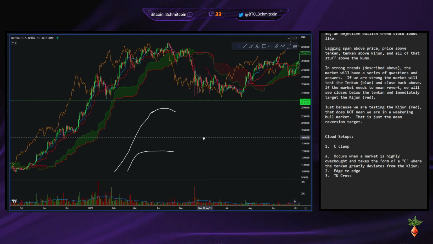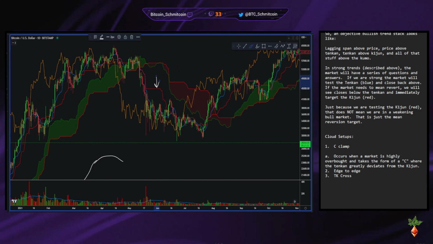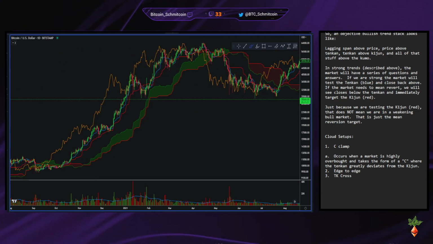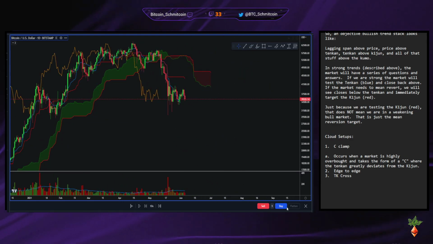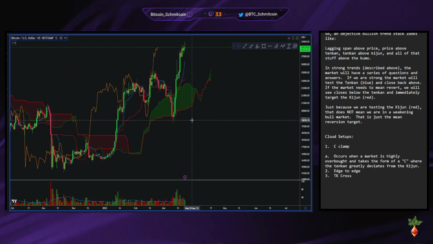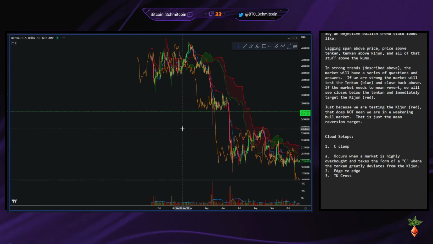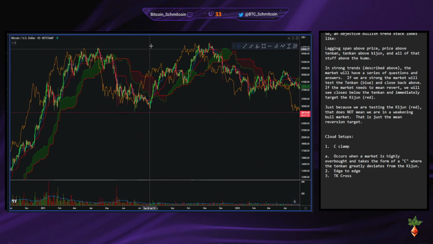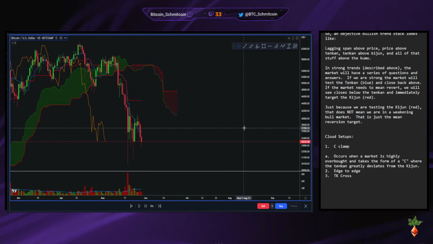So here's an example of one that didn't actually play out. Here's a bearish example. You can see here we had a flat Kijun. So if we went back in time, it needs to actually be back further. We want to see a flat Kijun. So if we went back in time here, this would be a C clamp setup.